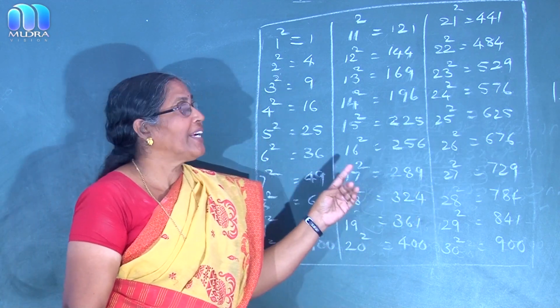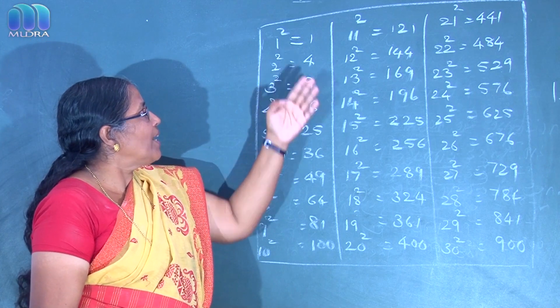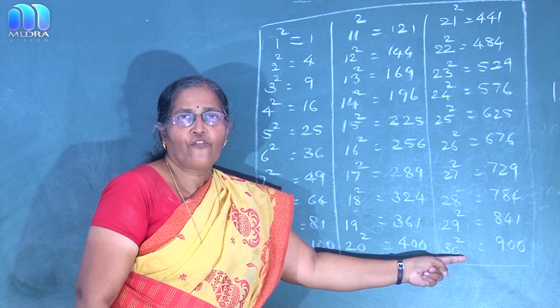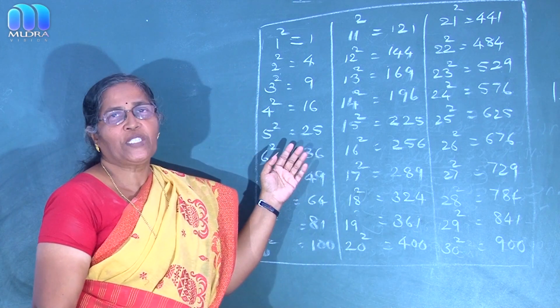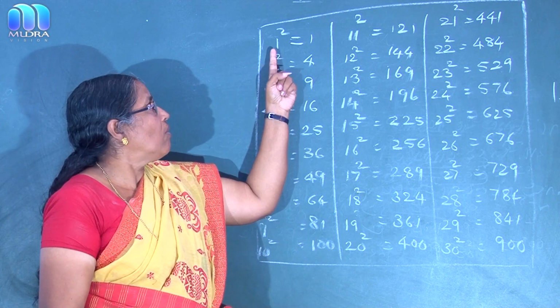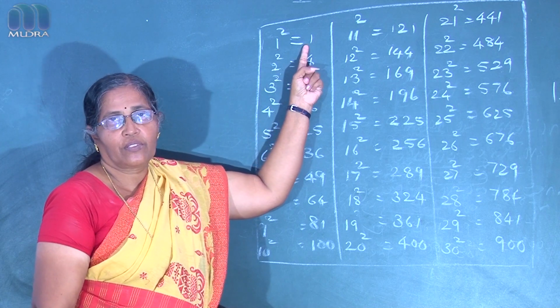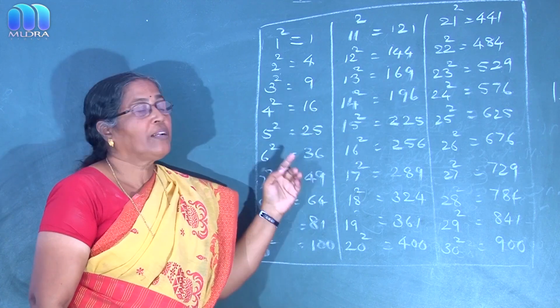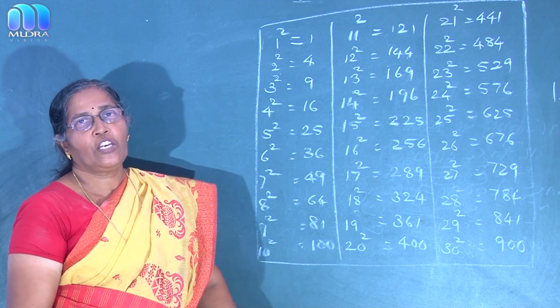Now we find that in all square numbers from 1 to 30, there are so many specialities. One is that squares of odd numbers are odd numbers and squares of even numbers are even numbers.